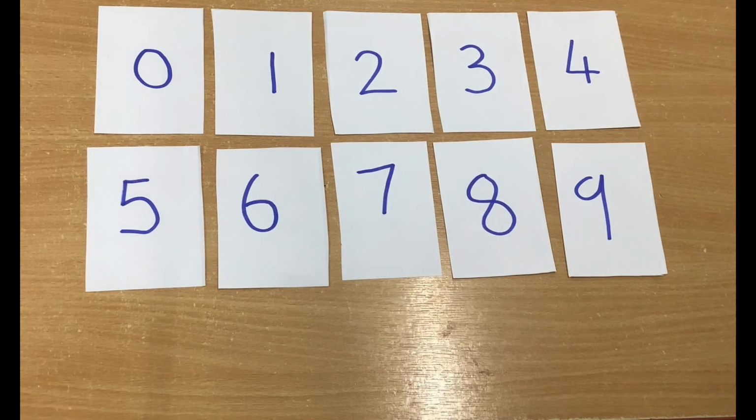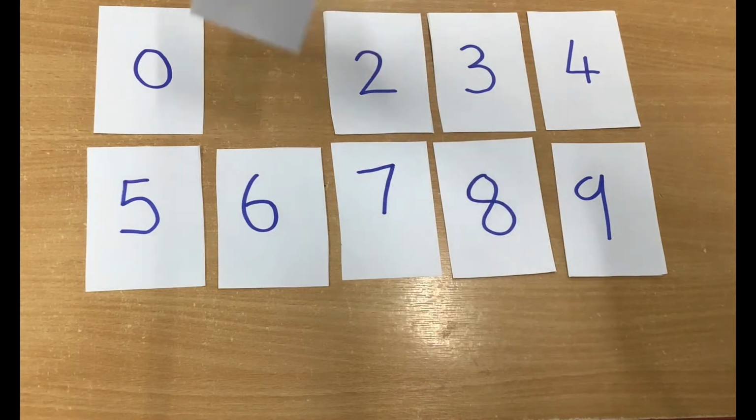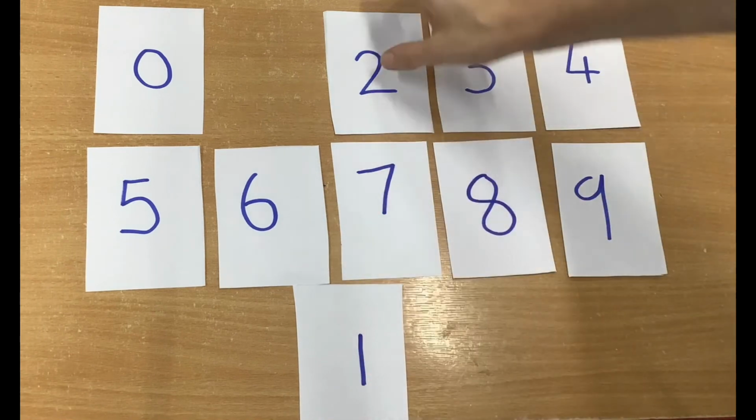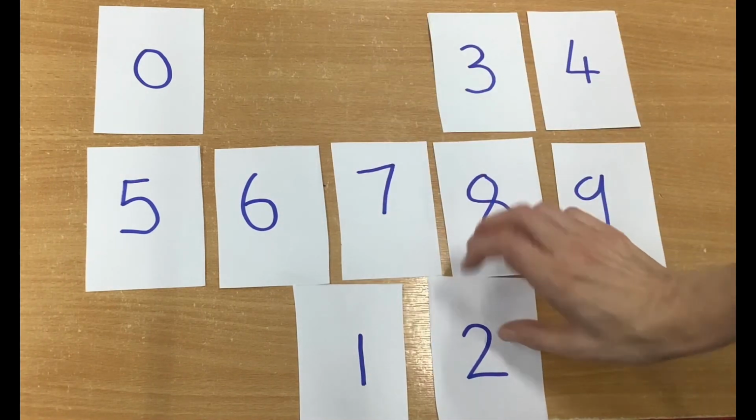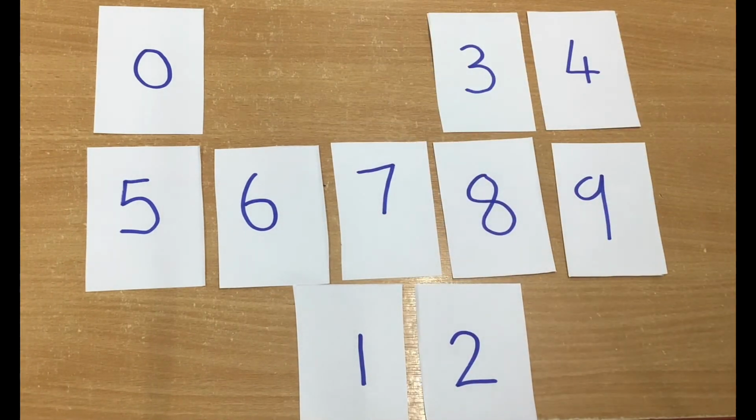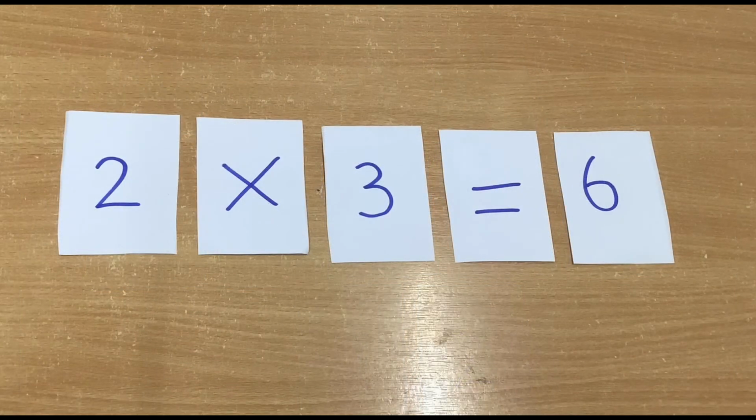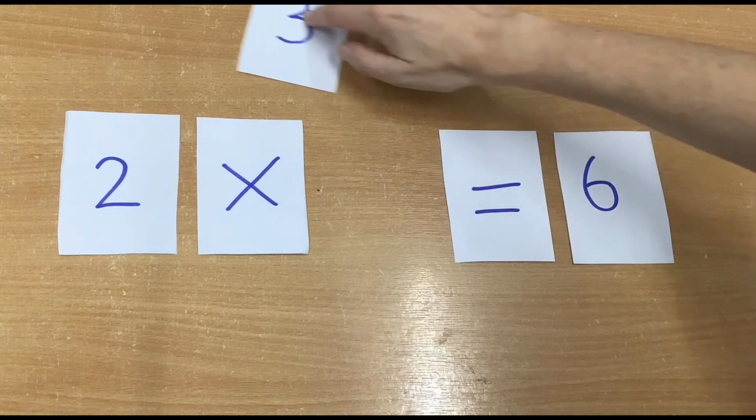So if I ask you what is 2 times 6, you'll be able to hold up the answer and show me. So you could use these cards to make like fact of the day, different number sentences. So if you had 2 times 3 equals 6, you can swap the small numbers.